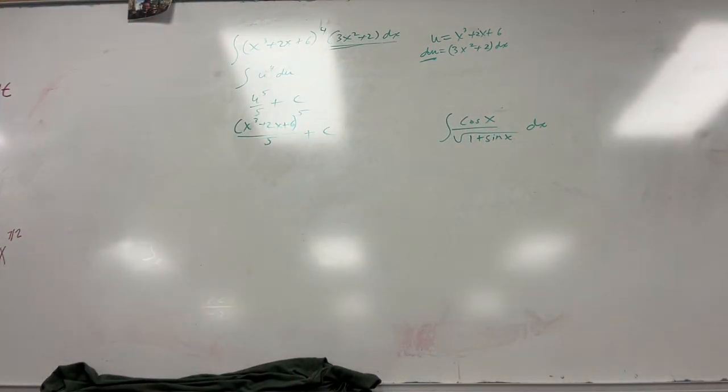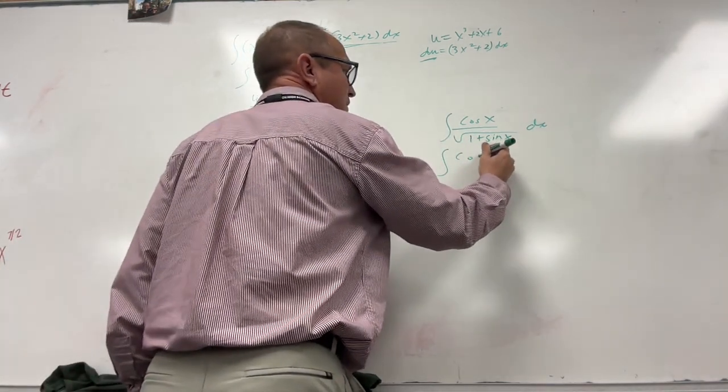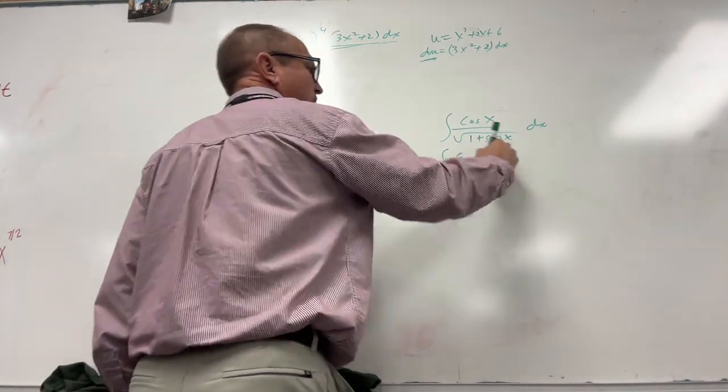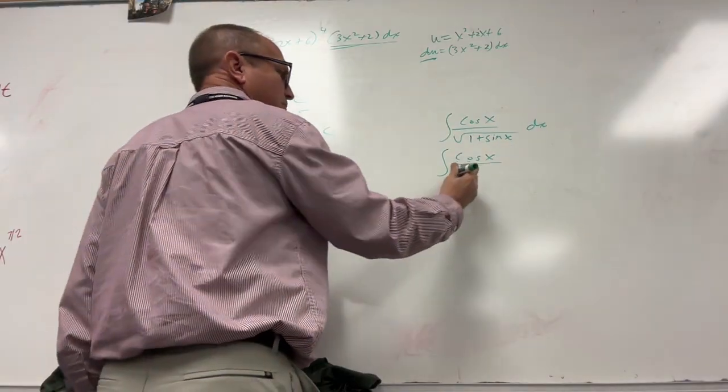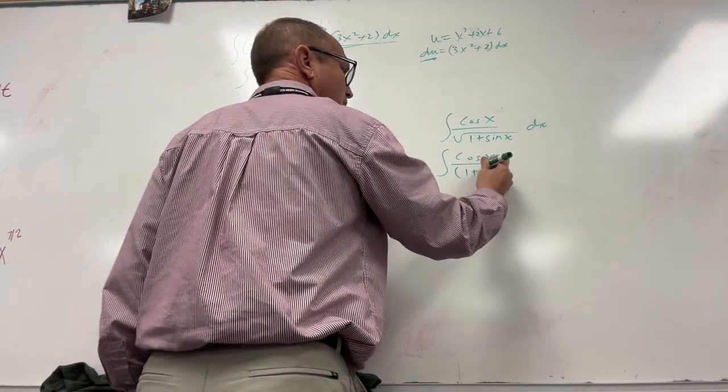Now the next step I'm going to do is not necessary, but I think it'll help you see this a little bit better. I'm going to have the cosine of x, and then I'm going to write this in exponential form, which would be what? Very good.